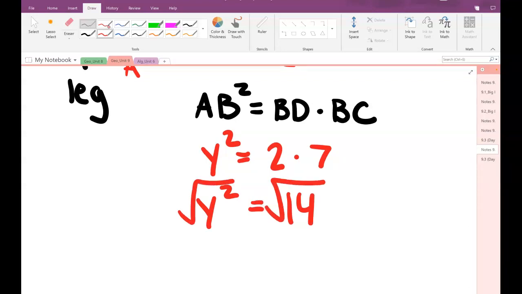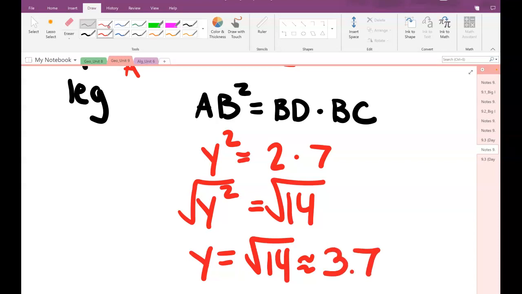Got to take the square root of both sides. There's not a perfect square that goes into 14, so you can't simplify it at all. You can just leave it as square root of 14 as your exact answer. Your approximated answer to one decimal point would be 3.7.